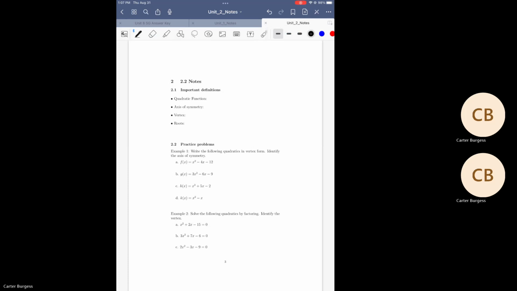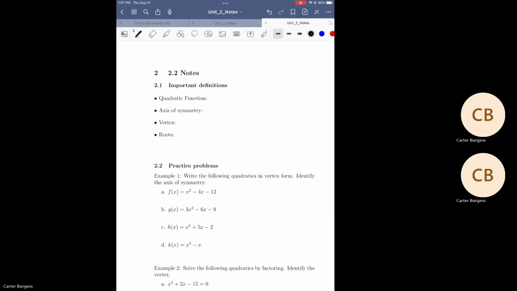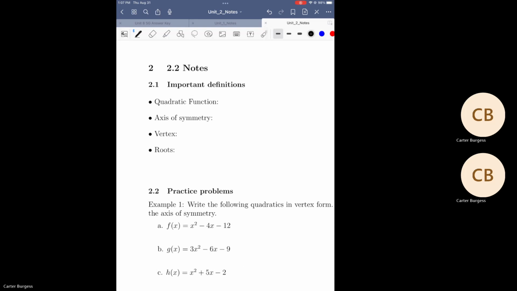All right, so 2.2, we are talking about our quadratic function. These you're most often going to see written in the form of ax squared plus bx plus c, which is what I kind of like to call the useless version of the quadratic.